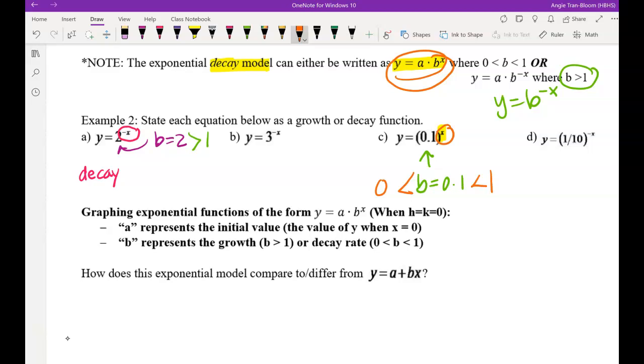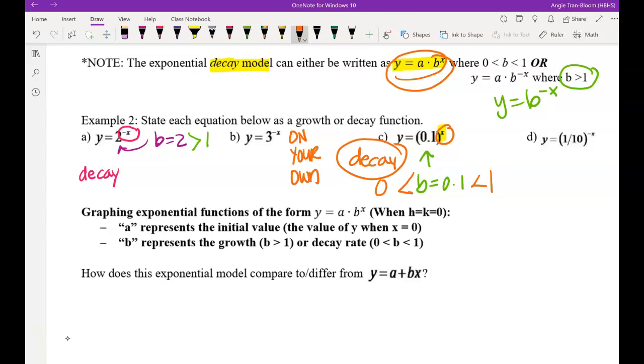So since b is not bigger than 1 and the power is positive x, this is also a decay. Okay, so c is also decay. I want you to do b on your own.